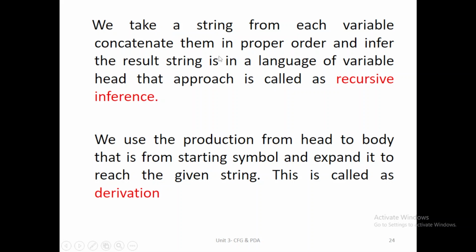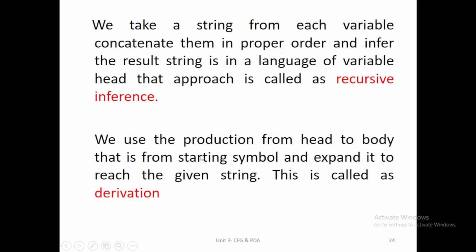In recursive inference, we take a string from each non-terminal that will be concatenated in a proper order. That means the substitution may be from left to right or right to left, and we infer the resultant string. That resultant string should be available in the language of that variable. Then that approach is called as recursive inference.